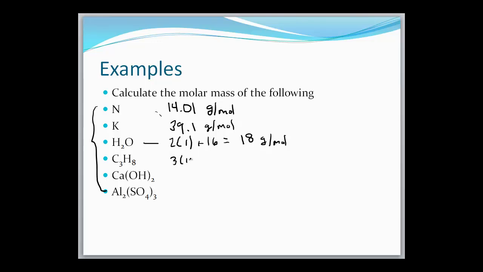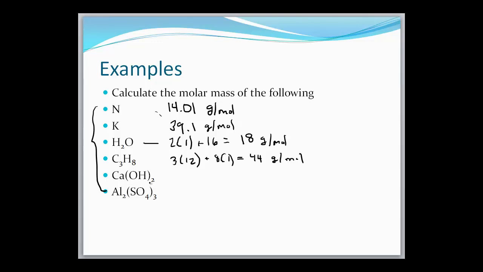If you look up carbon, you'll see its mass is 12. Now notice on the periodic table it's 12.01, but again I said the tenths place is fine, so we can just call that 12 plus 8 times 1. So we have what? 36 plus 8. We have 44 grams per mole.